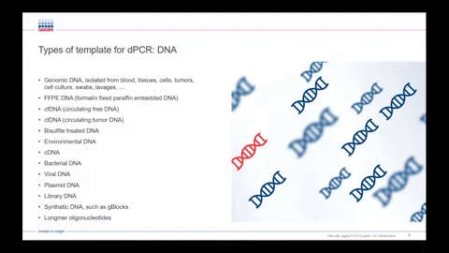Also, a mixture of dozens, if not thousands, of different DNAs covered by the term environmental DNA have been used in dPCR experiments. Not to forget, DNA from pathogens, plasmids, and synthetic starting templates.